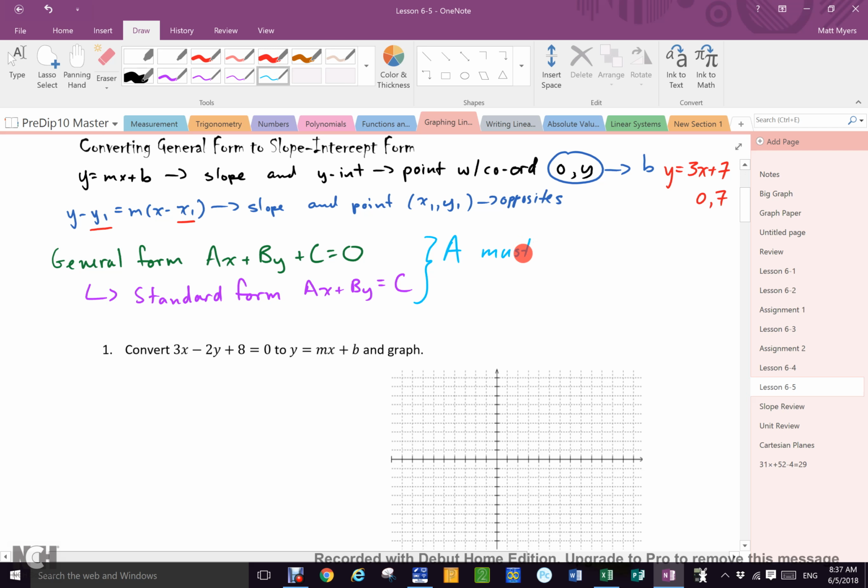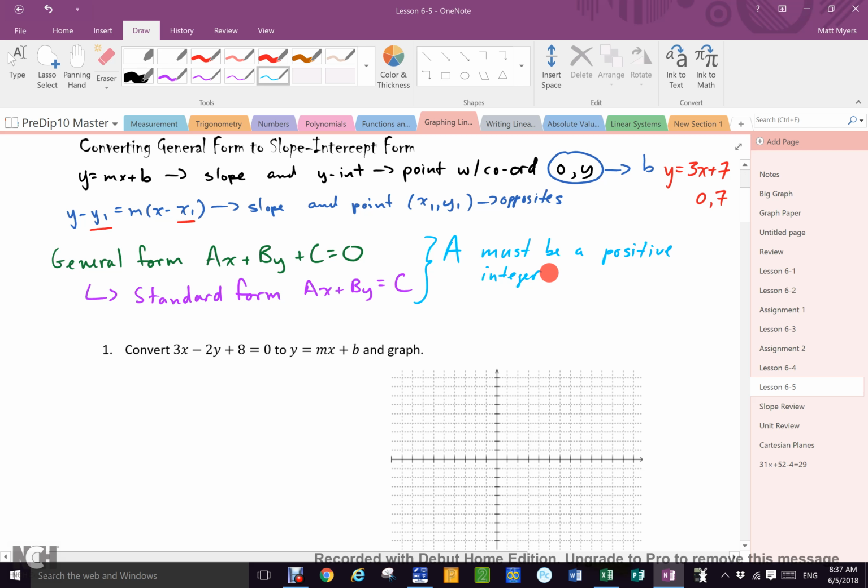A must be a positive integer. What do I mean by integer? Think back to Unit 3 if anybody can remember. No fractions. Absolutely right, Jalem. No fractions allowed.